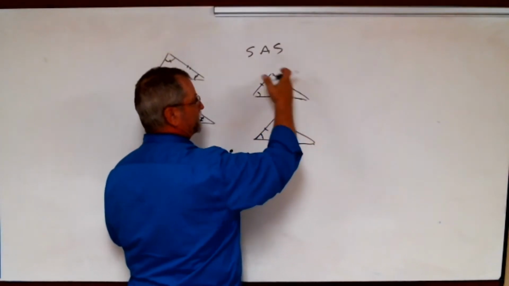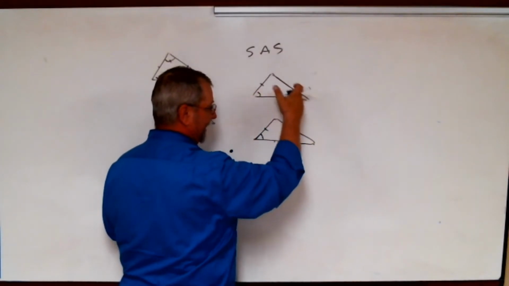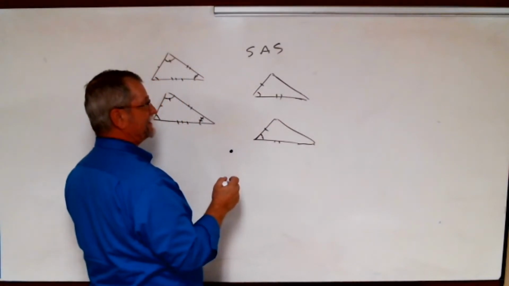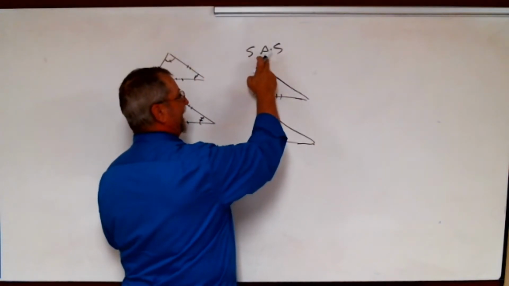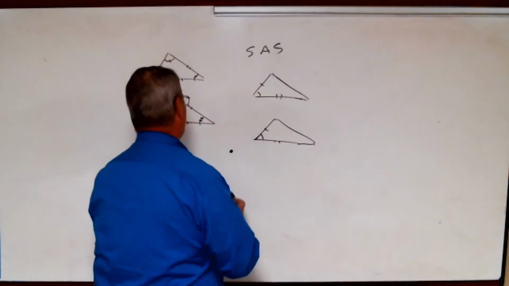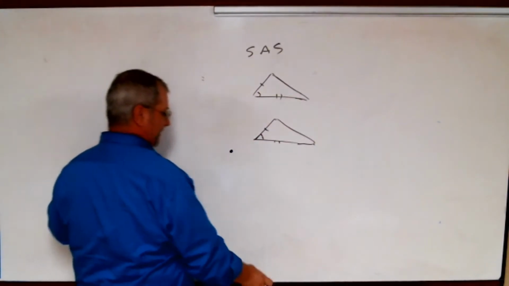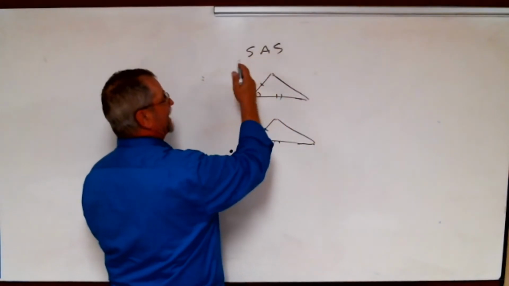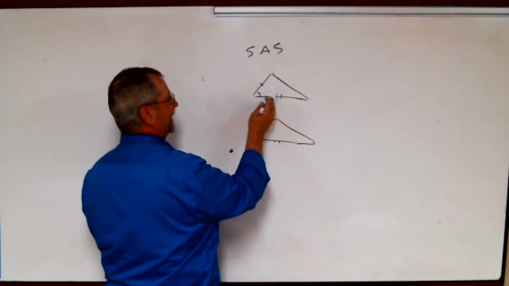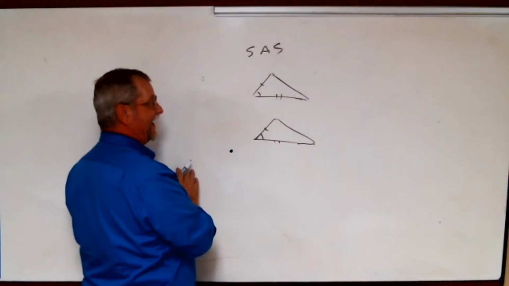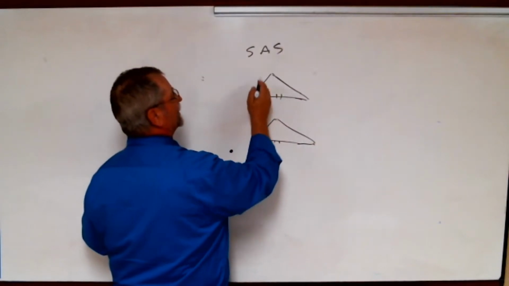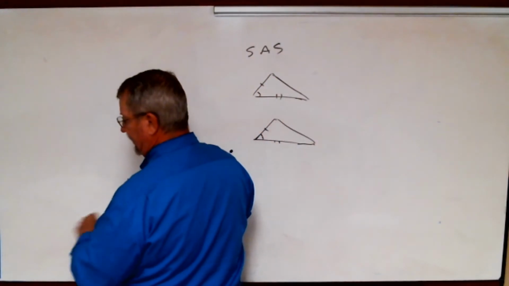Therefore, what they open up to and the line that connects them will always be the same. This is called side angle side. Okay? The thing to remember is it has to go in that order. It's side angle side, not just two sides and an angle. The angle is included between the two sides.